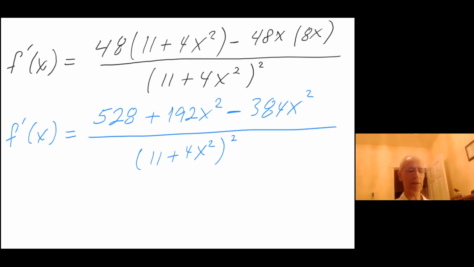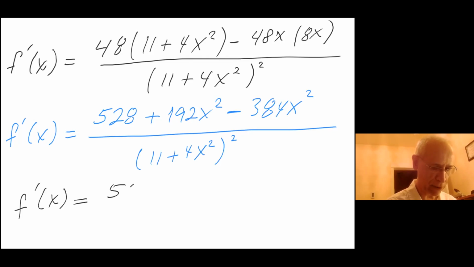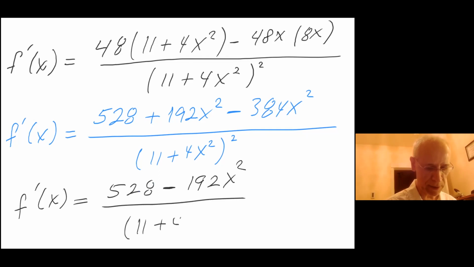And since I'm going to set this equal to 0, I really don't have to keep writing the denominator. I don't think anything's going to cancel out. So let's do one baby step and claim that f prime of x equals 528 minus 192 x squared all over the 11 plus 4x squared.